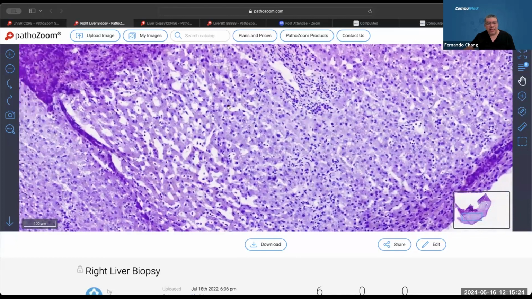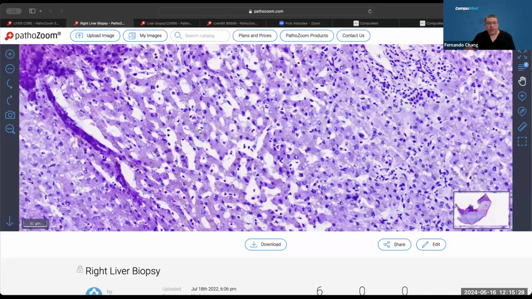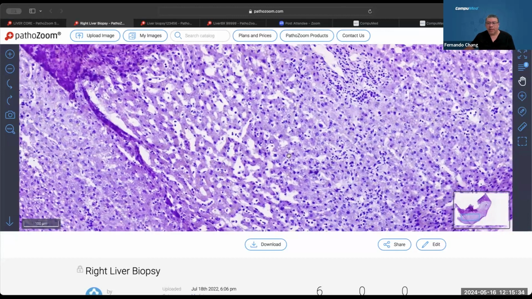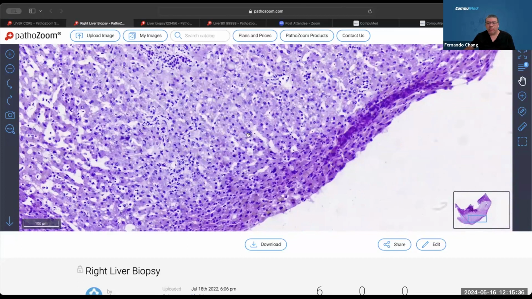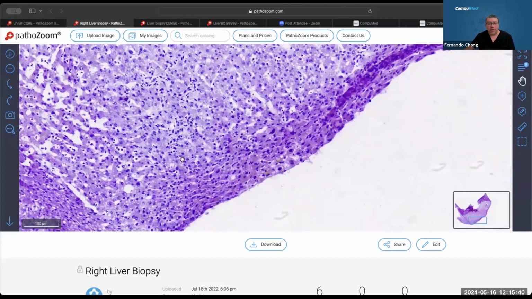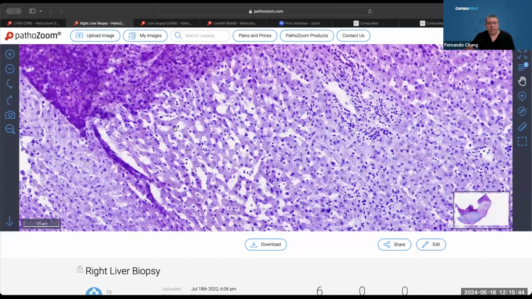So this is not actually steatosis. This is actually freezing artifact, the bubble type freezing artifact happening in these areas. In comparison to this other one that has less of that, and this one has a little hemosiderin probably around, but you can observe in this area a lot of this bubbling effect.